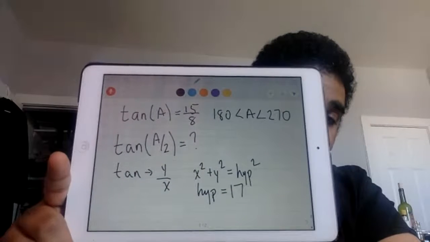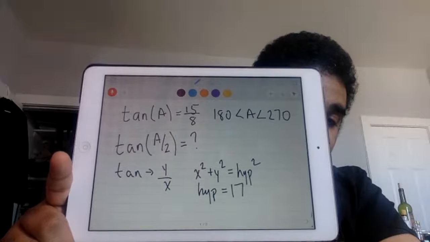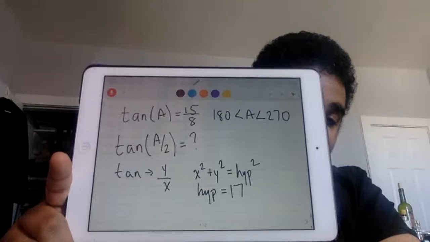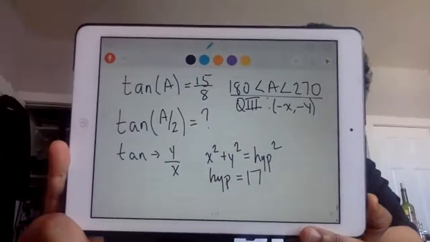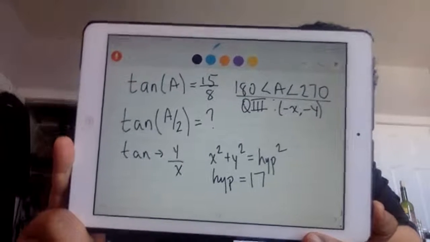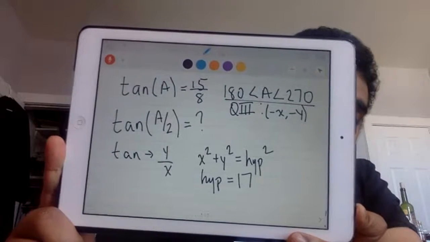So if tan is y over x, and the hypotenuse is 17, because I'm in quadrant 3, this is 180 to 270, that's quadrant 3. Quadrant 3 has the characteristic of a negative x and a negative y. That's why the tangent wound up being positive, because your negatives would just cancel out. So that 15 and 8 were originally negative, but the negatives canceled out in the simplification. And so cosine of A is negative 8 over 17.